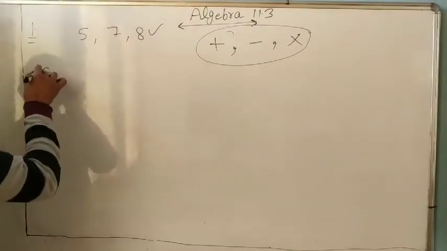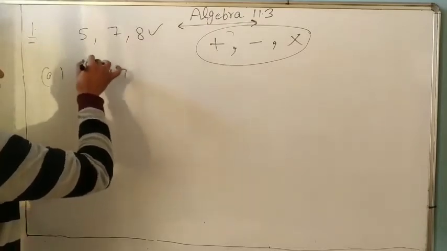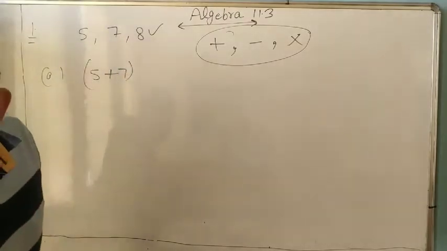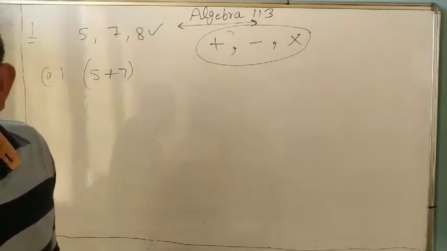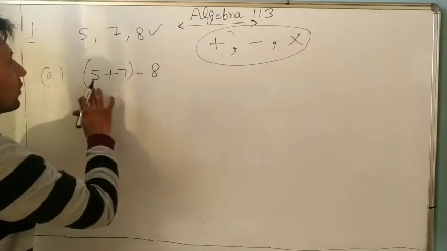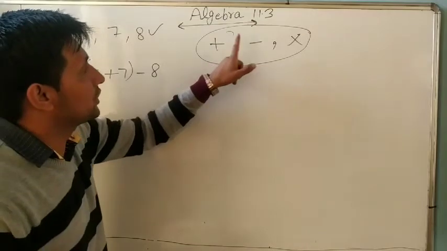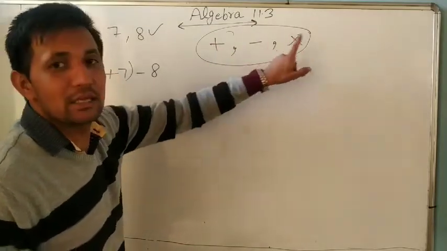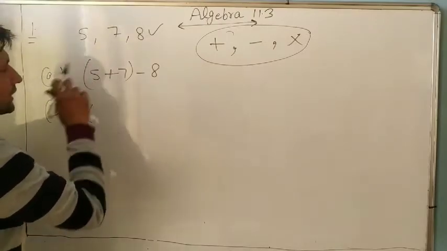So first, what can we use? 5 plus 7. Every number should be used not more than once, and all three numbers should be used, with only addition, subtraction and multiplication.